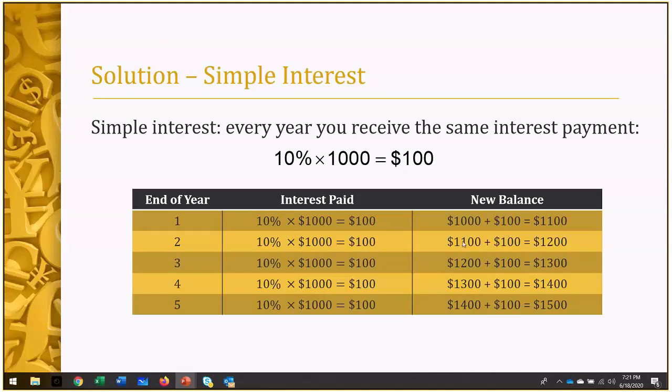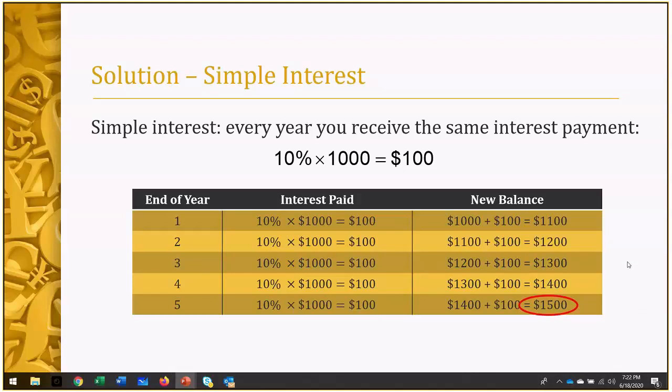You had $1,100 at the end of the year. You just made another $100. Now you are at $1,200. And it goes like that throughout the entire time that you leave the money in there. So if you leave it in there for 5 years, you're going to earn $100 in interest every year, which means you're going to have $1,500 at the end when it's all done, when you go to withdraw it.